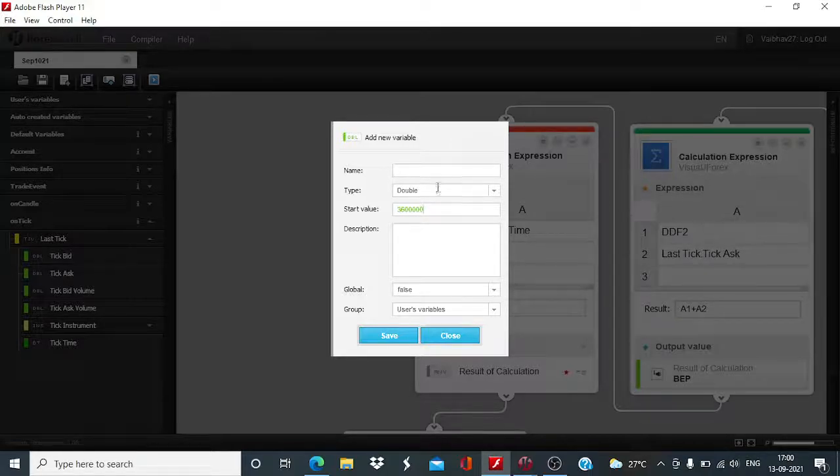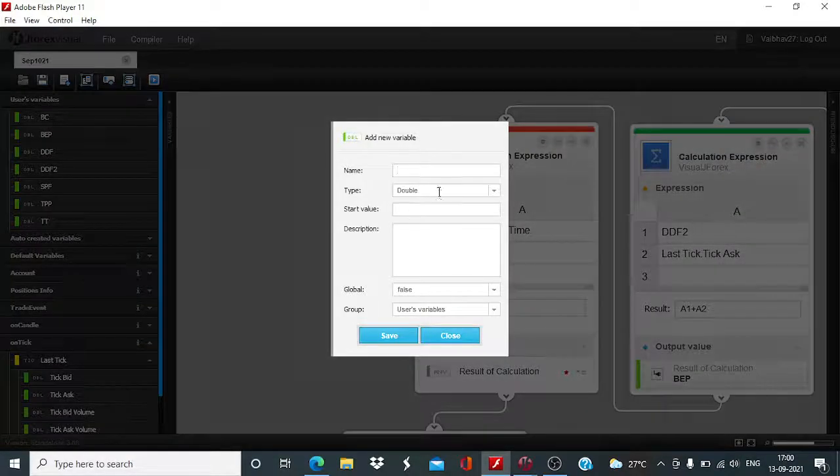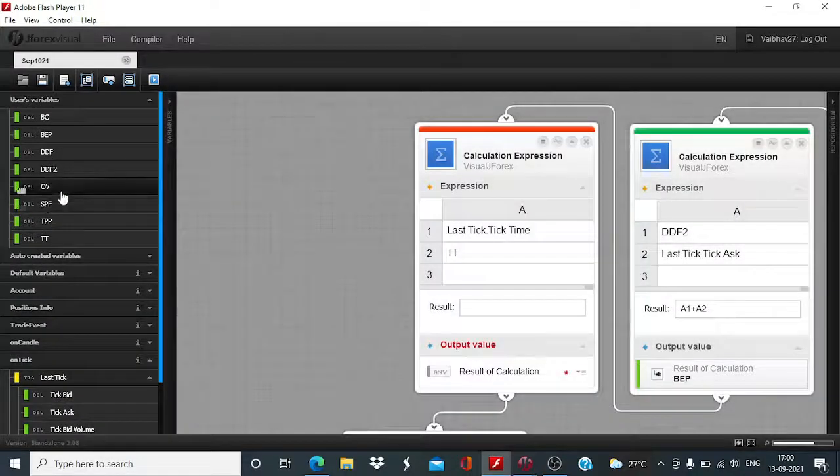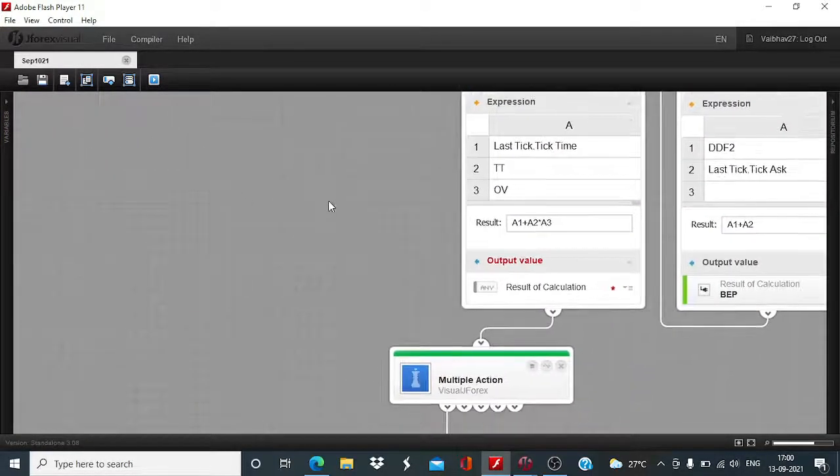Yes, it is correct. And this 3.6 million will be multiplied by 4. So we have to get the result as A1 plus A2 into A3. A1 plus A2 into A3.